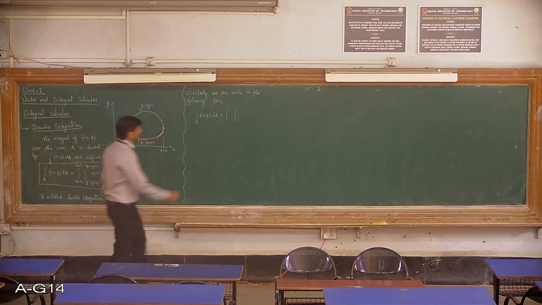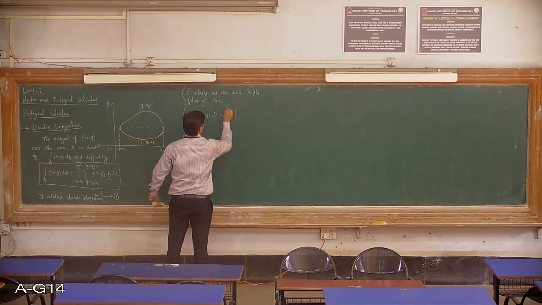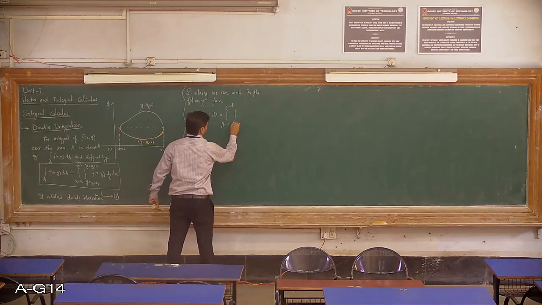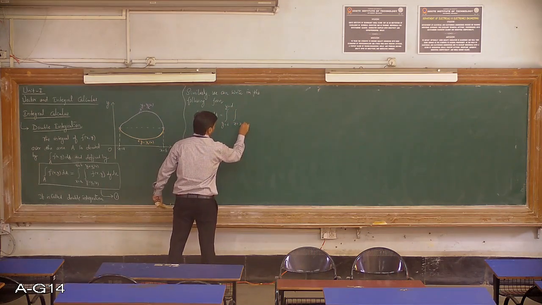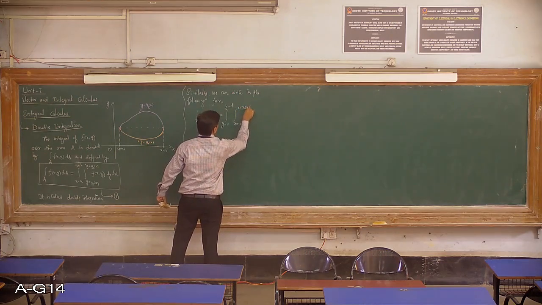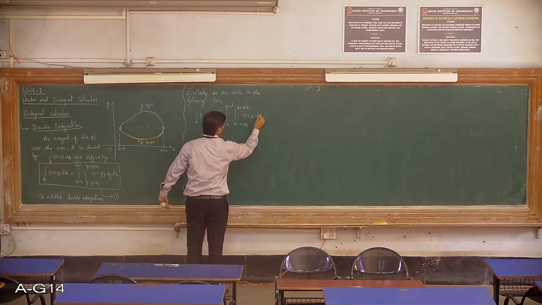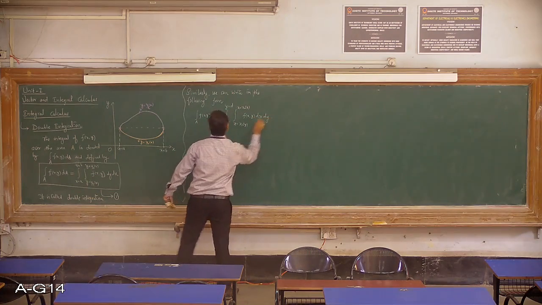That means first I write y from some constant c to some constant d, and x from x1 of y to x2 of y, of f of x comma y dx dy.